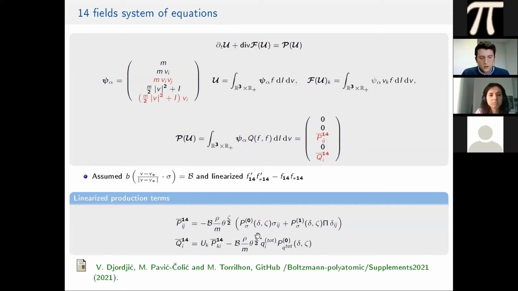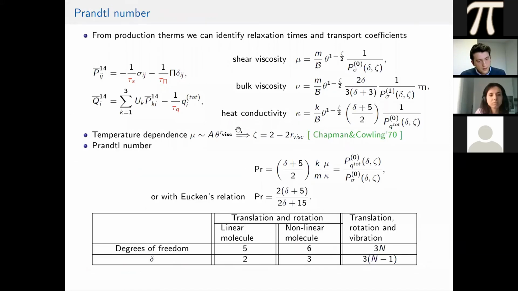Actually, the code evaluates these coefficients. And then this is how the right-hand side looks. So you have some production in, for example, the equation for the stress, some production of stress and dynamical pressure, and in the equation for the total heat flux, again you have some production.